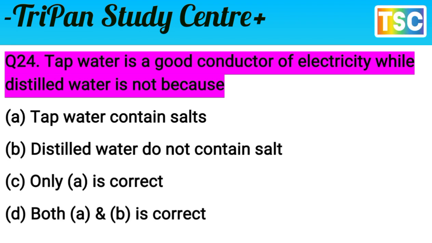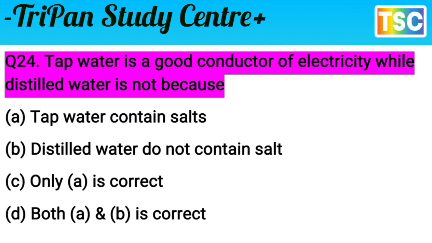Option A is that tap water contains salt, but distilled water does not contain salt. So option B is correct. Distilled water does not contain salt, but tap water contains salt.